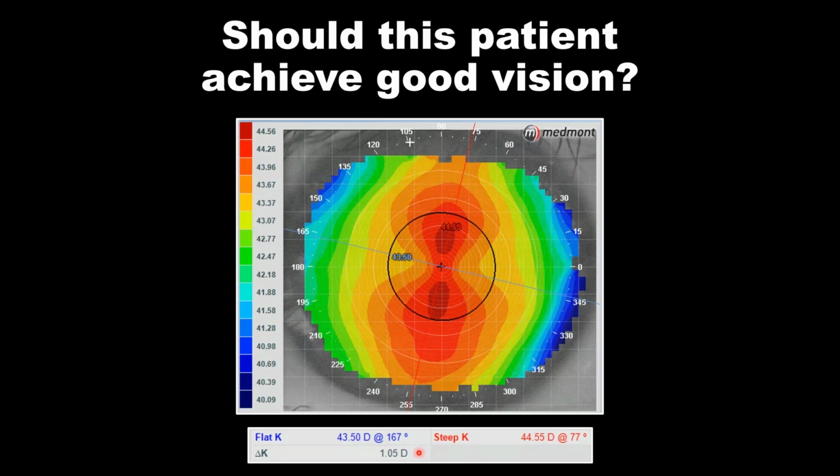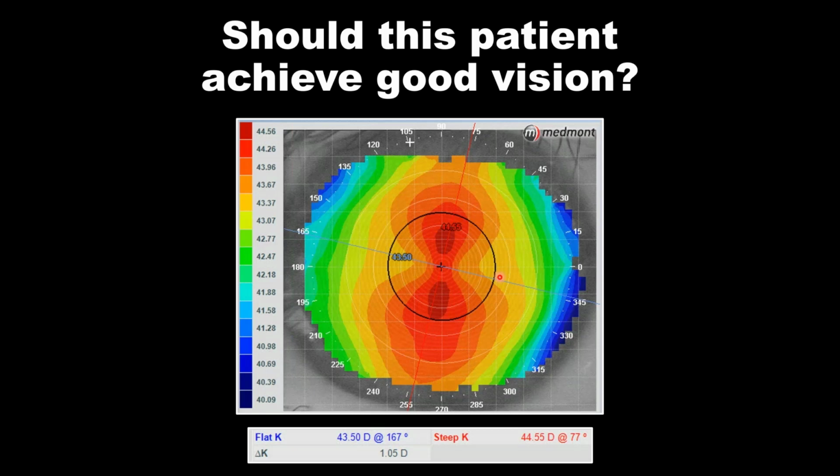When we compare that to this patient, now we see a little more corneal astigmatism. We might expect some refractive cylinder coming through. But let's ask ourselves the question, can we expect this patient to see well with glasses, with soft lenses, with rigid lenses? And of course, the answer is yes. With such a symmetric eye shape, we could cut this eye in half, and the superior hemisphere is a mirror of the inferior, nasal a mirror of the temporal.